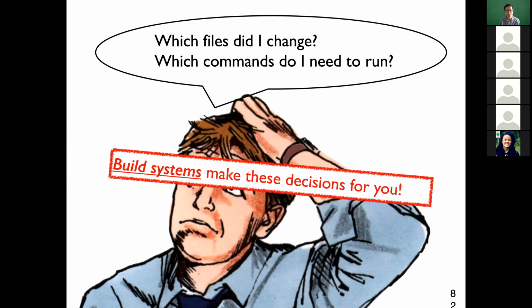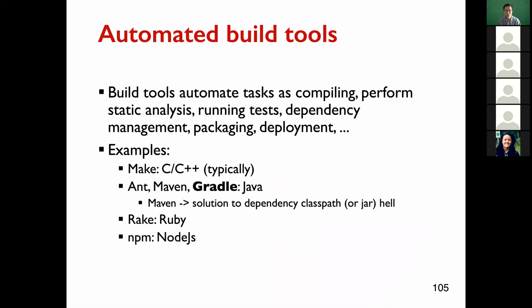So we have automated build systems that can save our manual effort to do the complex build things. There are different automated build systems or build tools. So what do they do, right? The build tools automate tasks such as compiling the code, performing static analysis, running the tests, doing dependency management, packaging, and deploying.